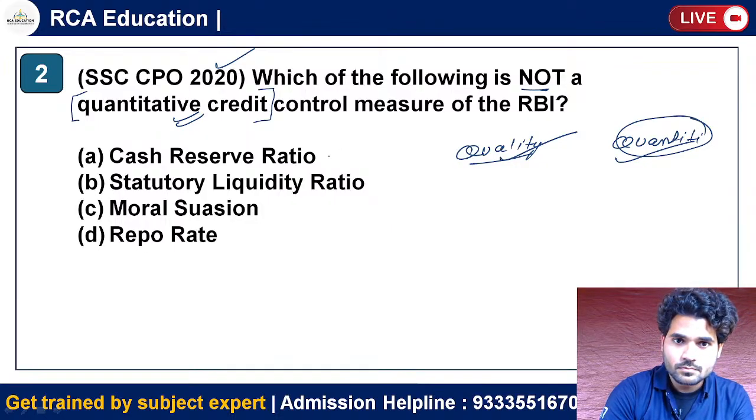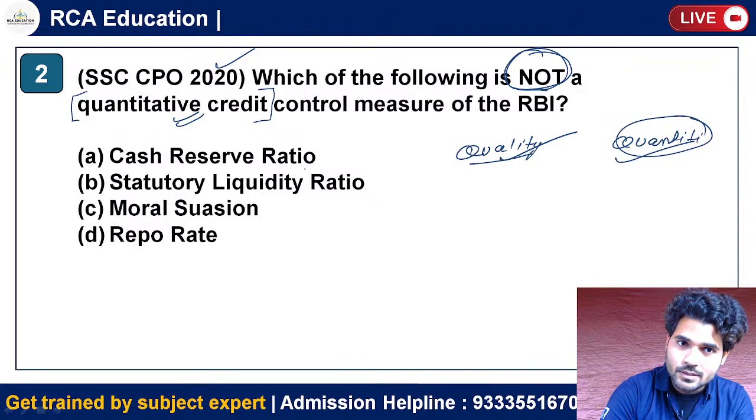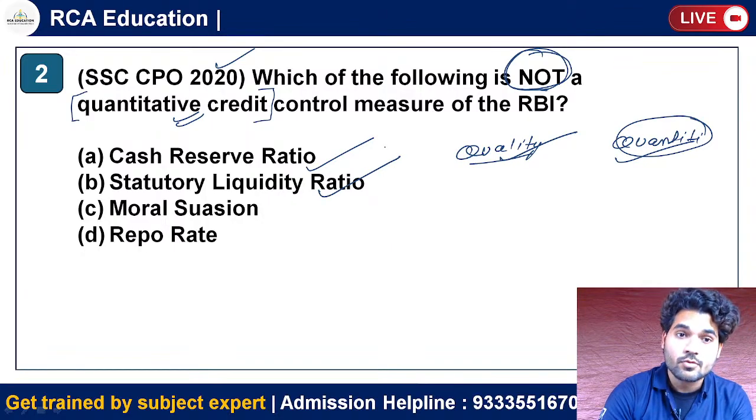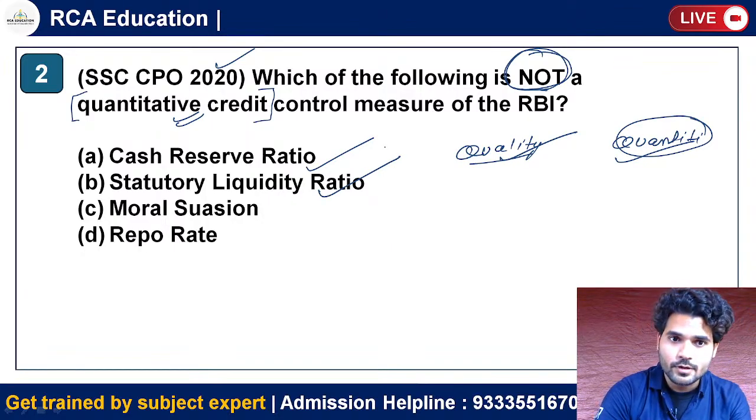And which is not. Okay, this is the very important word: not. Which of these is not? So cash reserve ratio is a quantitative credit tool, right? Statutory liquidity ratio is also a quantitative credit control tool, right?